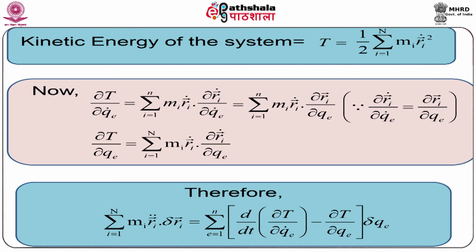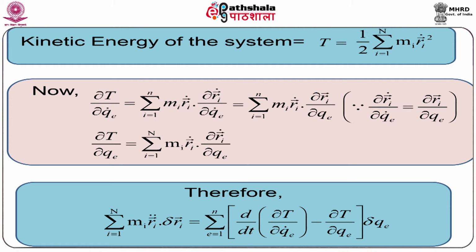We have already obtained that del by del qk dot of Ri dot can be written as del by del qk of Ri vector. Here we have used the result and get this term. We have used this result here.